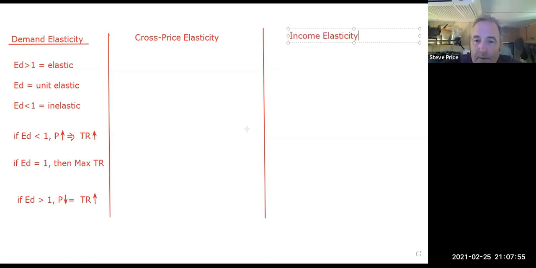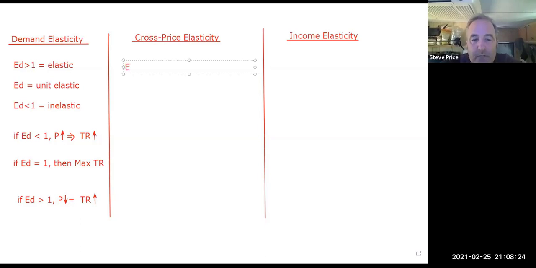What these relate to is, how do people's buying habits change if their income changes? So what's the response of demand to income changes? And then what's the response to changes of another product? So cross price means what happens to demand for my product if another product's price changes? And so now let's define these.